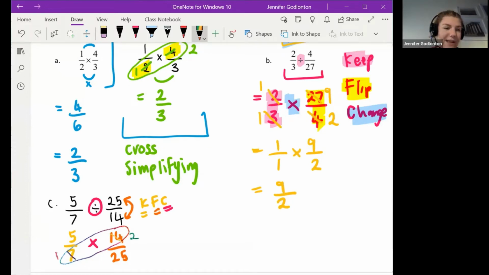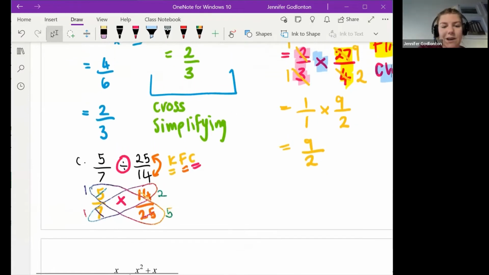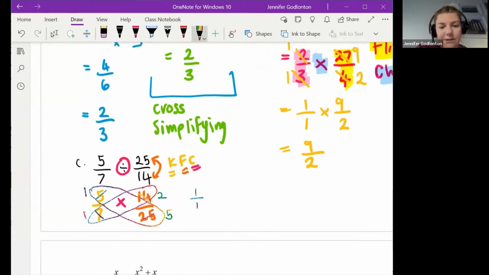So I can simplify that to a 1 and a 2. Then I look at these over here, and I say, is there a number that can go into 5 and 25? Yeah. 5 can go into itself once, and 5 can go into 25 5 times. So I'm left with 1 over 1 times 2 over 5, which gives me 2 over 5 as my answer. And that's where we end.